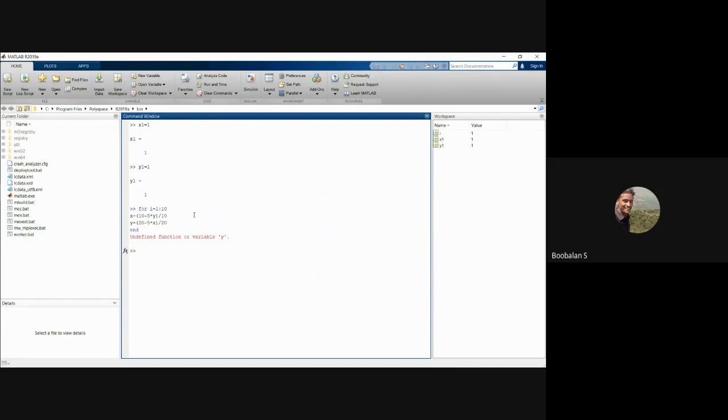Again, undefined function, right? What happened? Here's something I just missed. Control C, copy, and paste it over here.